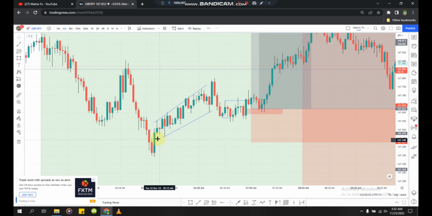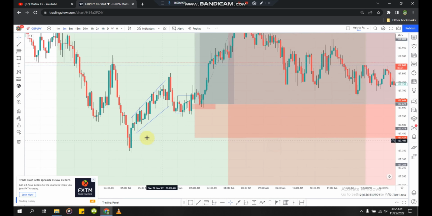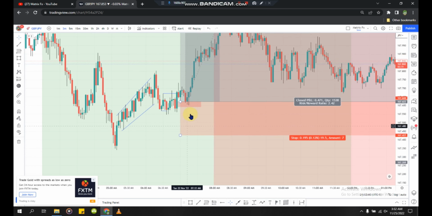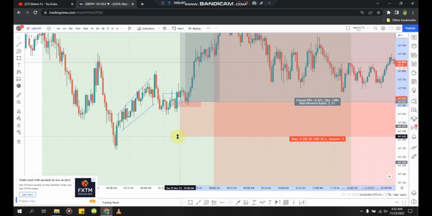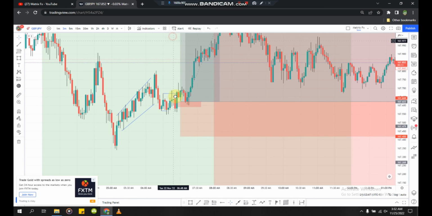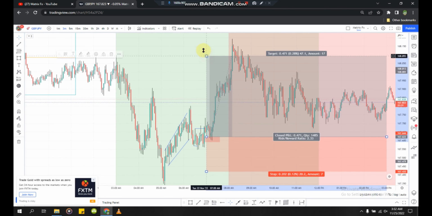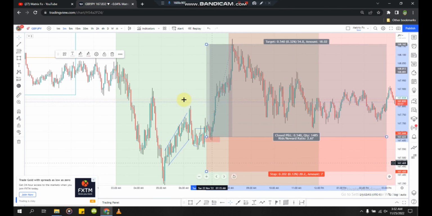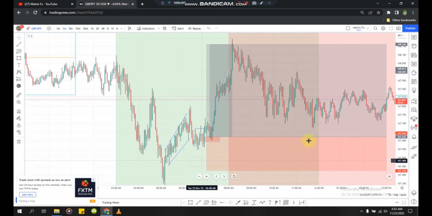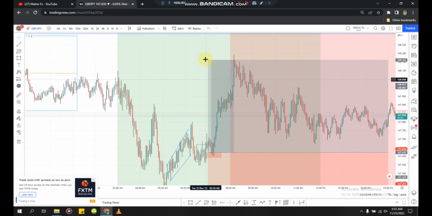The reason being that the last fair value gap that is here has already been filled, and this fair value gap is already high resistance. So I think the market won't even be capable of going there. But if it does, we are protected. So 1:3.